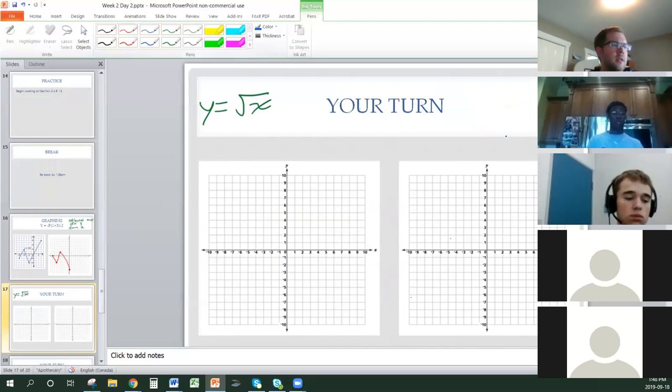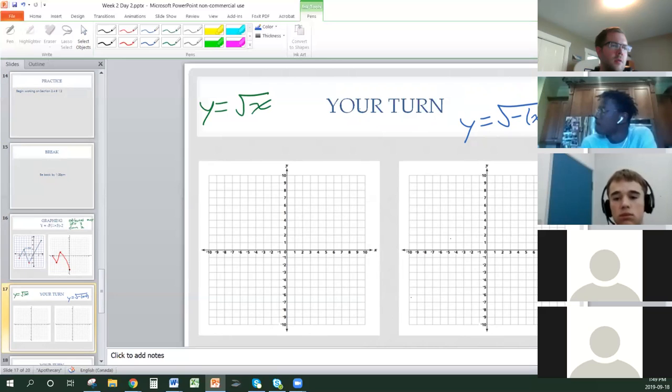And then the transformed function is going to be y equals, sorry, that's a -2 inside there. And notice how the minus is inside the square root.